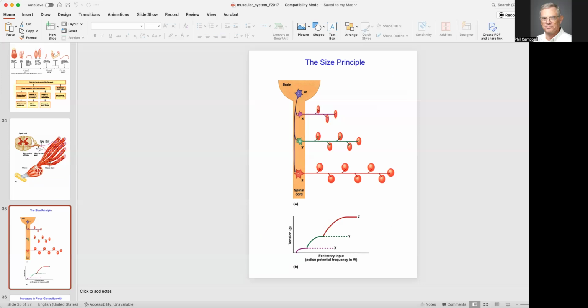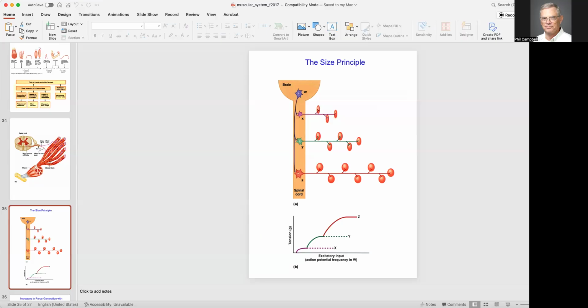So without the size principle, I only have very fast contraction. That means I have nothing in my hand, whoop, like that, even though I've well exceeded the load resistance of my forearm.